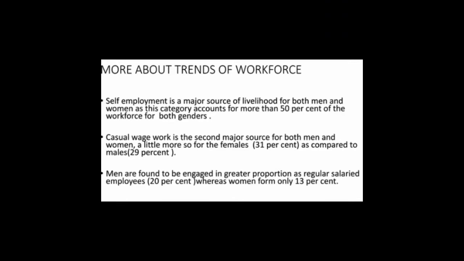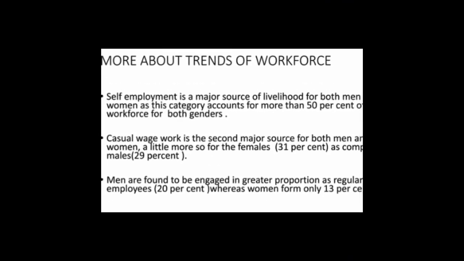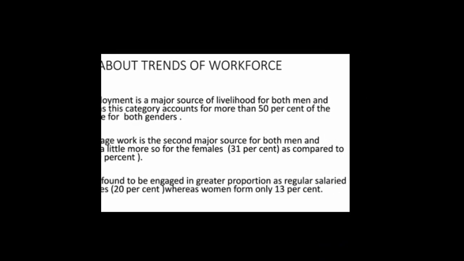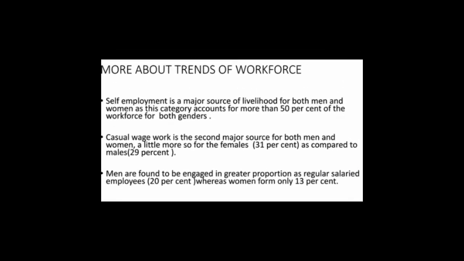Men are found to be engaged in greater proportions in regular salaried employment, the percentage being 20%, whereas women form only 13% of the regular salaried employees. We can understand one thing, that women are engaged more in such jobs which are of casual nature and which are not regular salaried jobs. Women are exposed to more exploitation as compared to men in case of employment in our country.